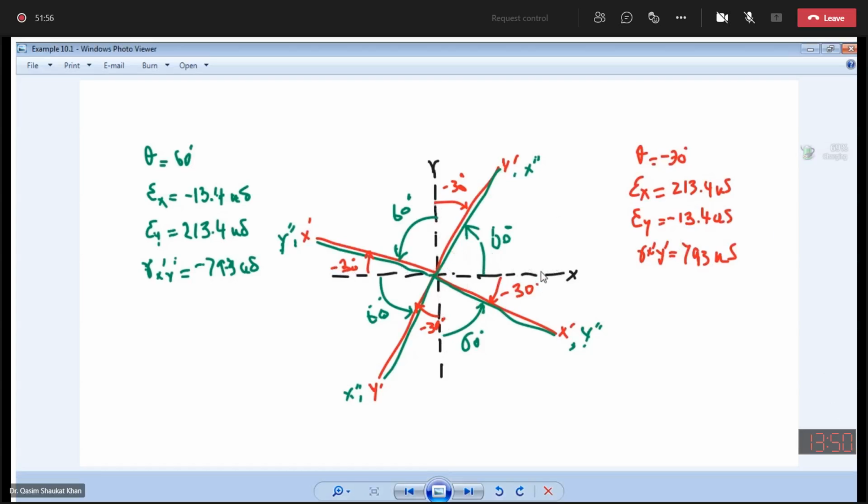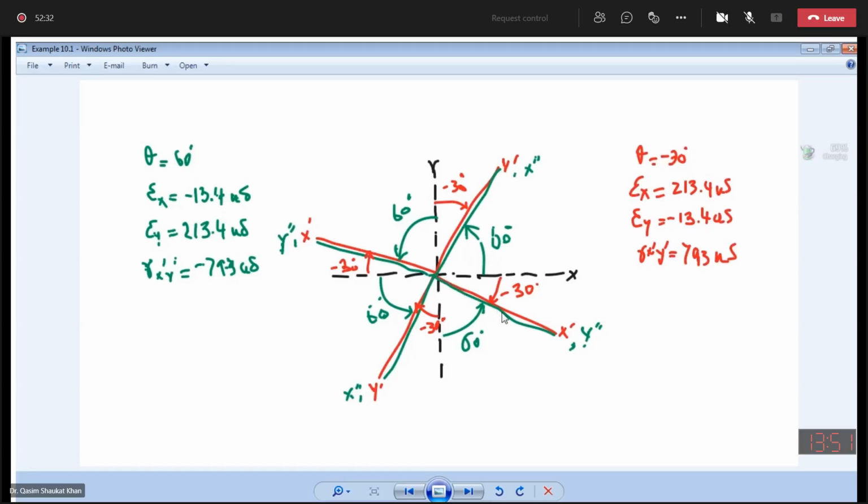Then in the first case, you had theta minus 30 degrees. So theta minus 30 degrees means that your x dash axis is oriented at an angle of 30 degrees clockwise, theta minus 30. So this is your x dash axis, and this is your y dash axis.